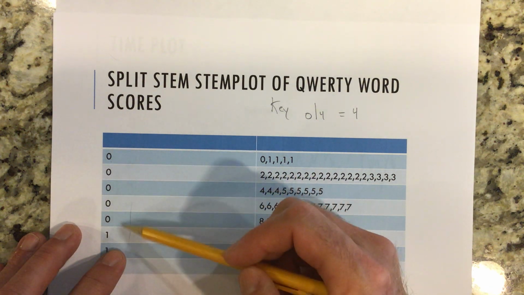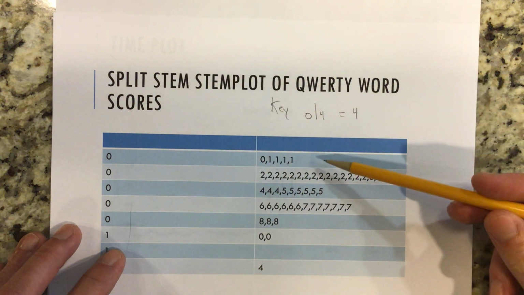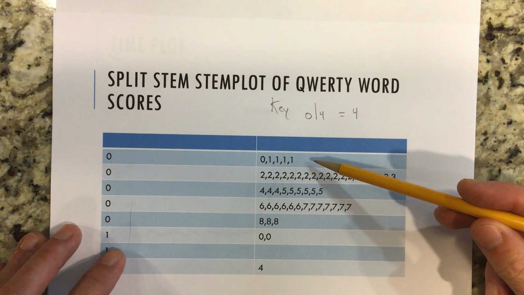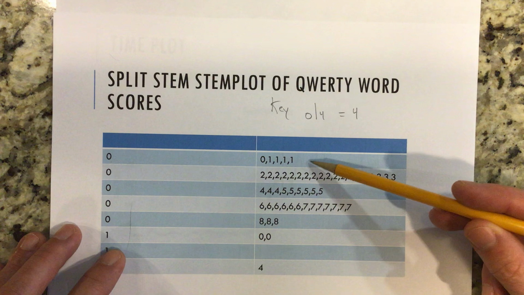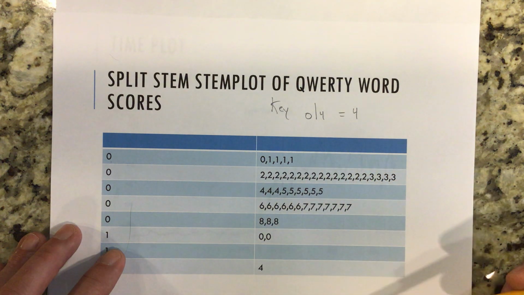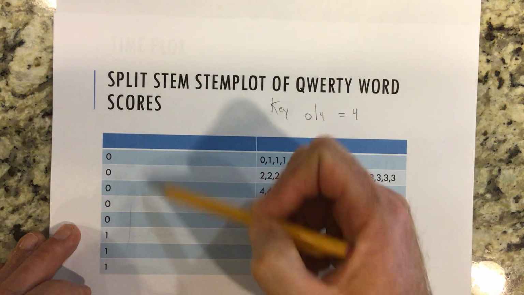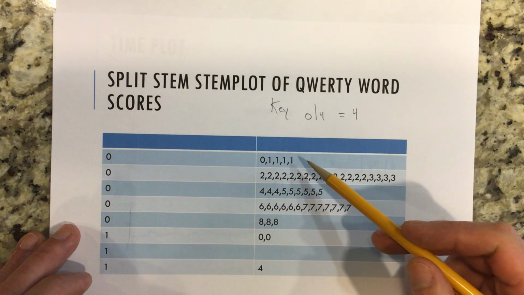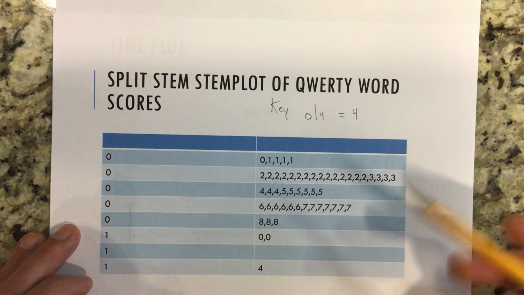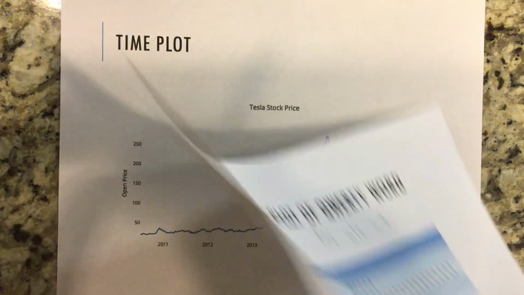It doesn't have to be a single digit for the stem. The leaf, however, must, let me say that again, the leaf must be 1 digit. So if you have numbers that are very large numbers, you can have a large stem over here, and then your leaf is again 1 digit. So let me make up some data.